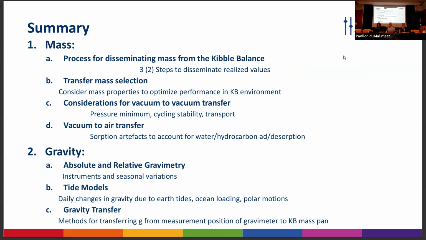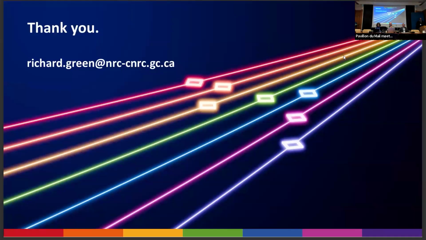Most of the balances run well below that anyways these days. And then how to do the vacuum transport from vacuum to air to disseminate out to clients, and then various aspects of the gravity. So with that, I want to thank everybody, and let me know if you have any questions.